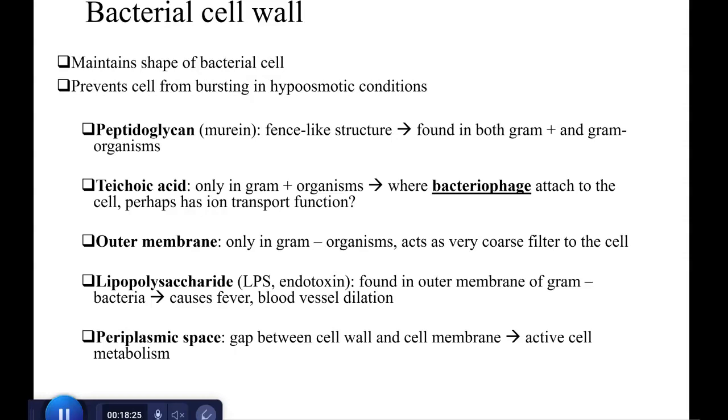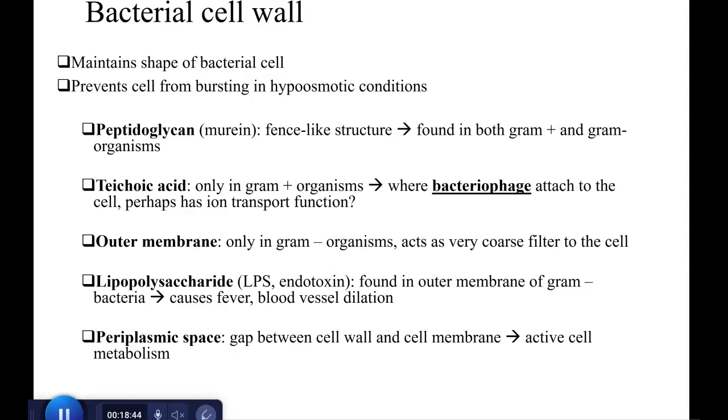Another thing that we would see in gram-positive organisms is teichoic acid. And we only see this with gram-positive organisms, and they believe that perhaps it has some ion transport function. This also kind of serves as a docking station for certain viruses.